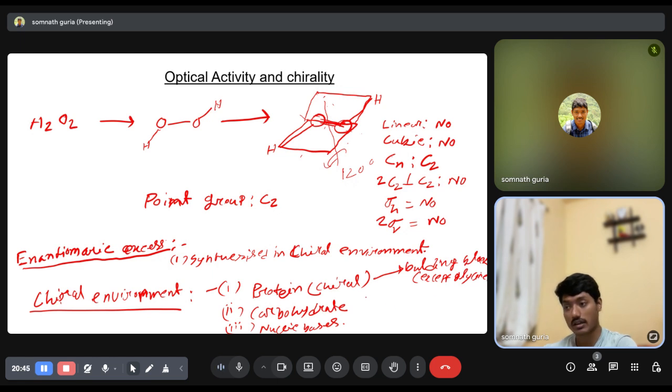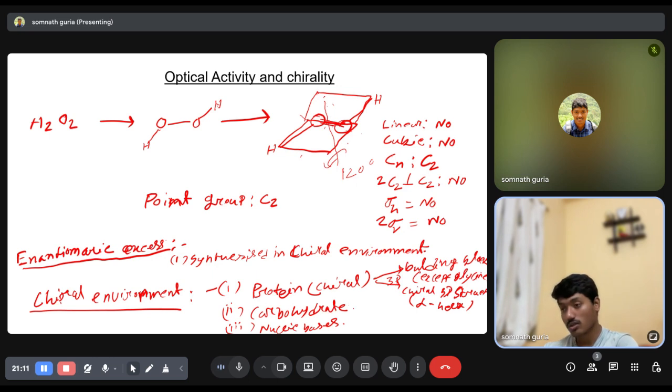Glycine is achiral in nature. Its 3D structure also becomes chiral. It is called the alpha helix.